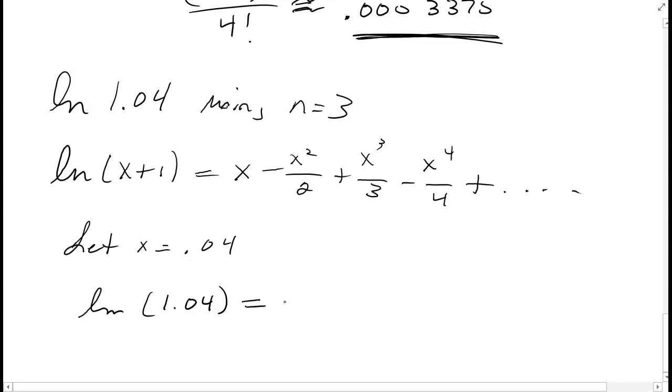So that gives me 0.04 minus 0.04 squared over 2 plus 0.04 cubed over 3. Sorry, they're not factorial.